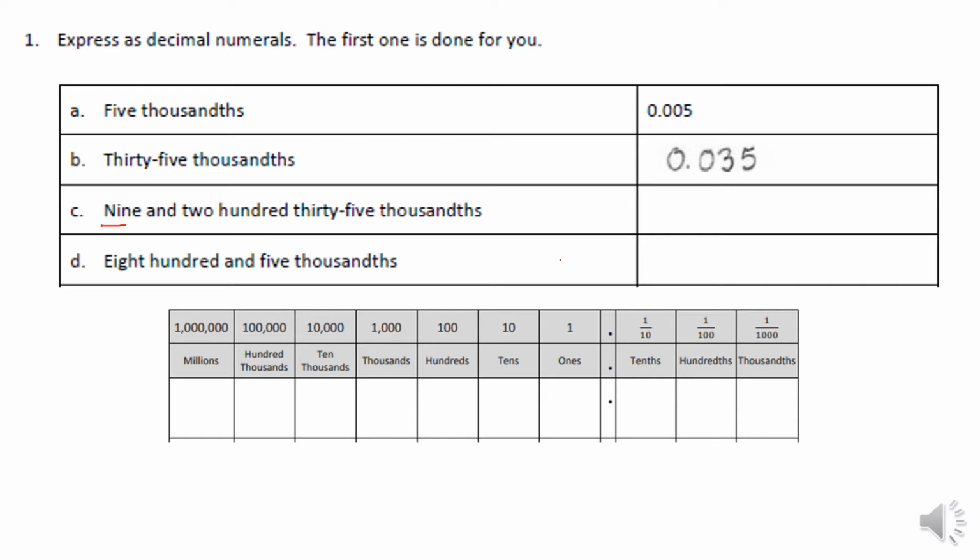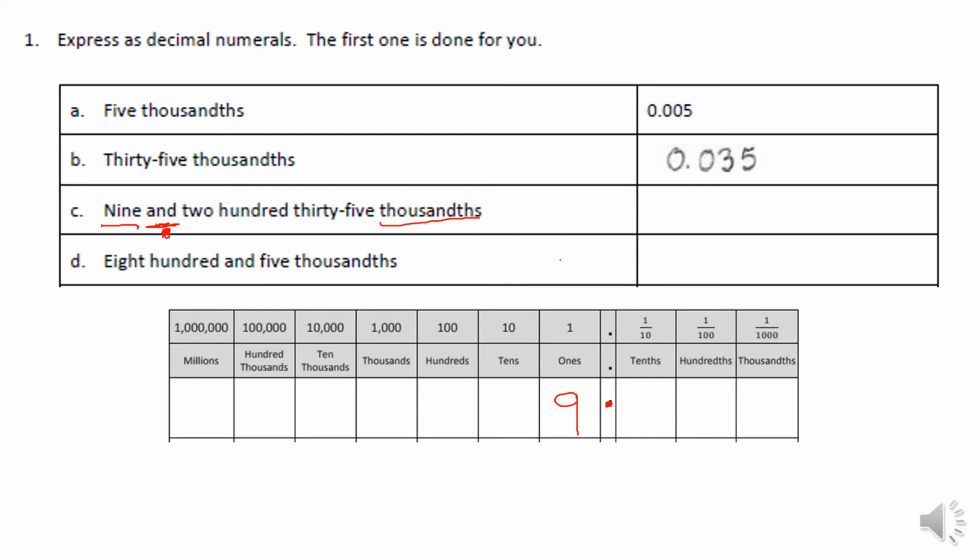And we can see it says 9 and. Anytime you see and, that means a decimal point. 235 thousandths. And there's the key word. So we know 9 and, so if we come down our place value chart, there's our and. It's just saying 9. So that's 9 and. It says 235 thousandths.